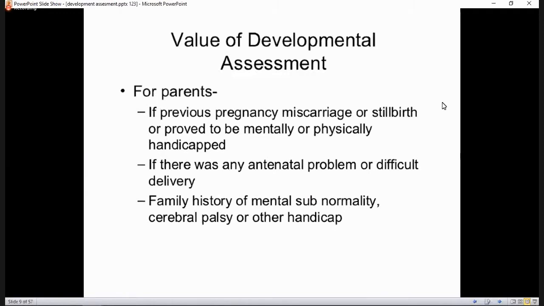Whenever the child is born, they ask the doctor repeatedly, is there any problem in my child? Because in the last child, I had this problem. I lost my child last time. So it is a difficult time for parents, and it is also difficult to convince them.